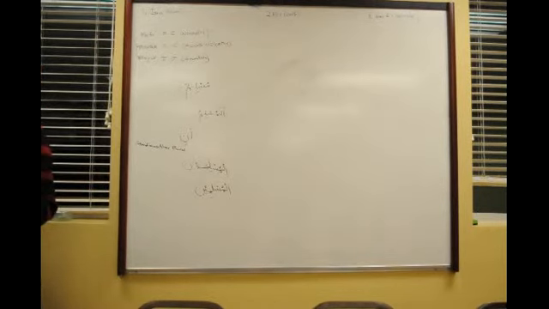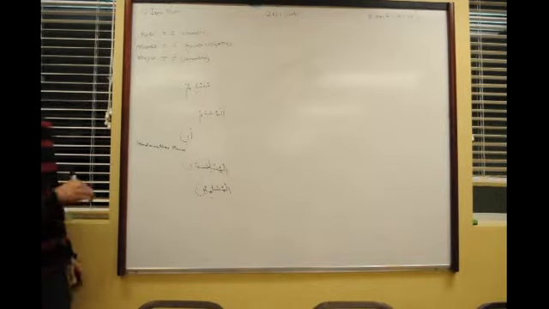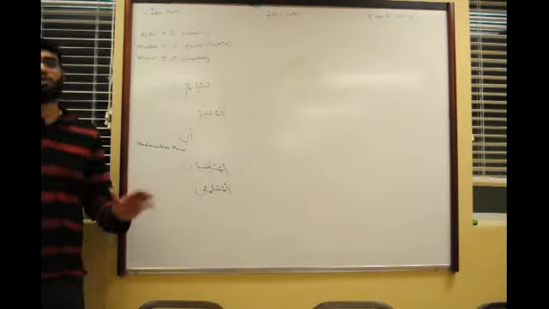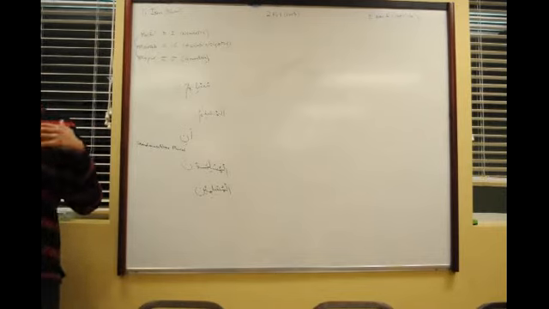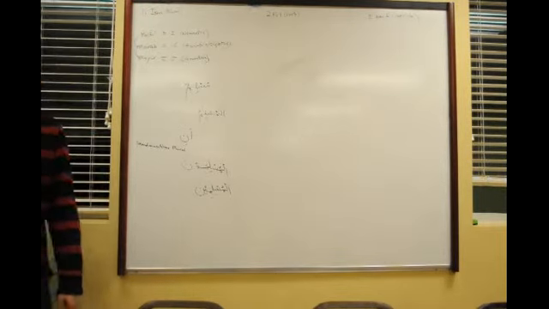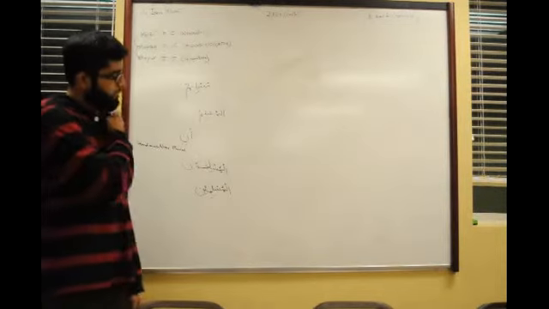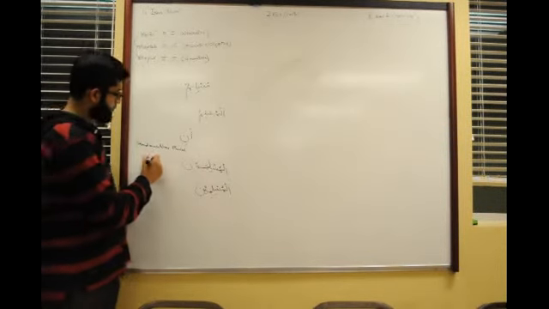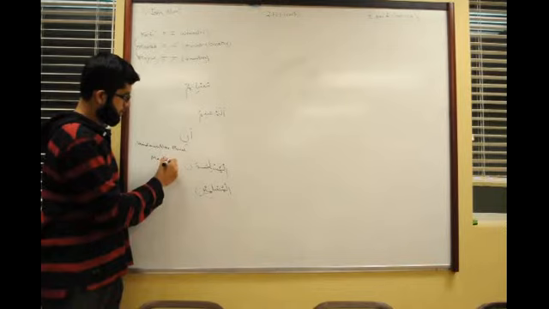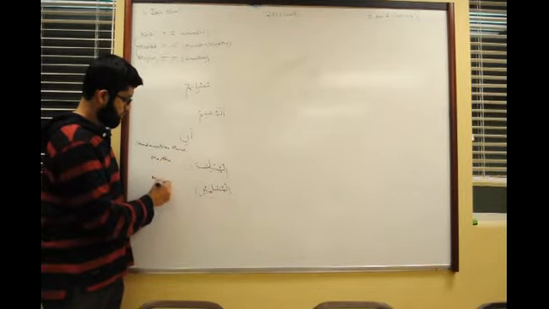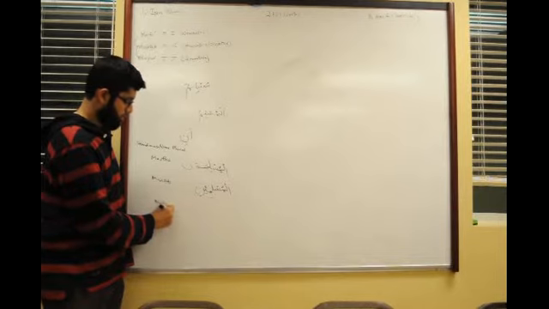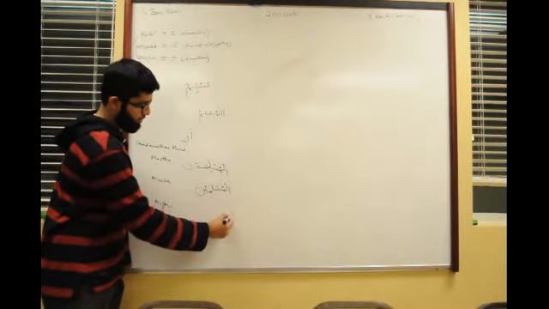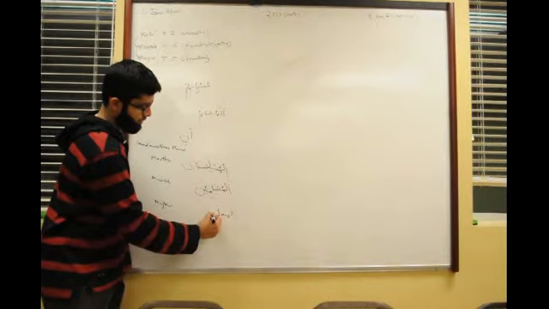So what did you write in English? Sound masculine plural. Sound basically means default, or just the general case. So this would be marfu', this would be mansub, and for majroor I'm going to write the exact same thing, al-Muslimina.